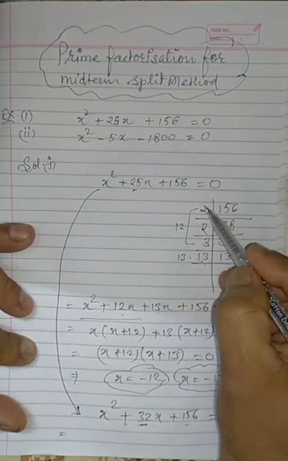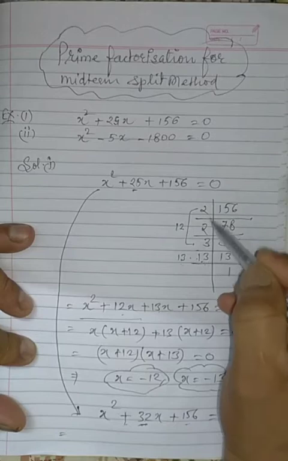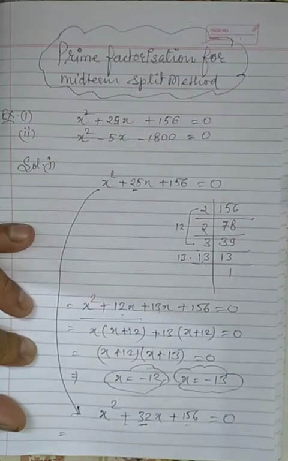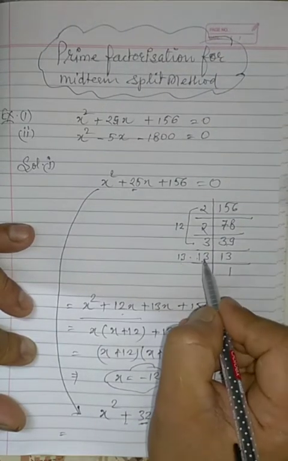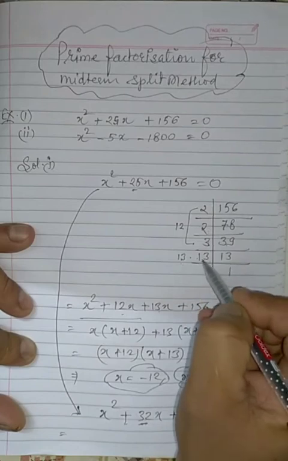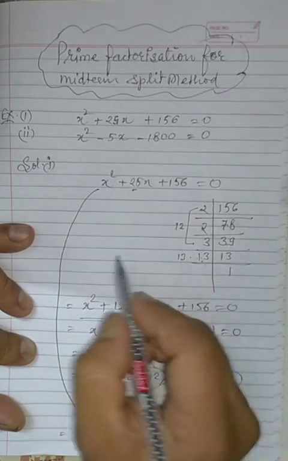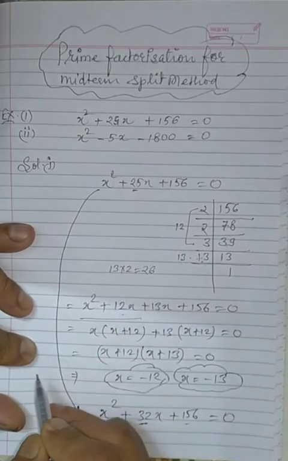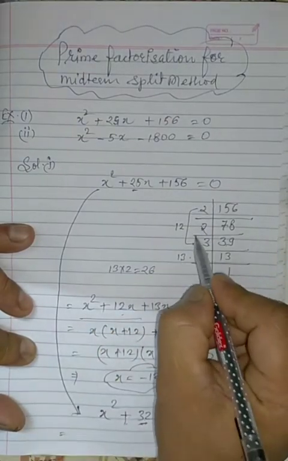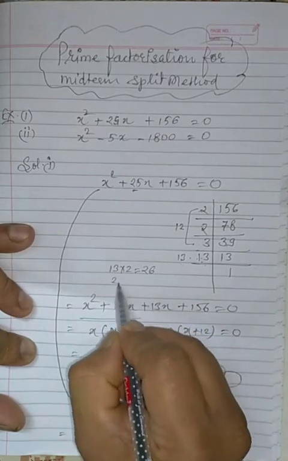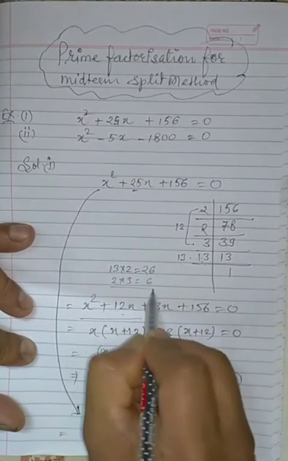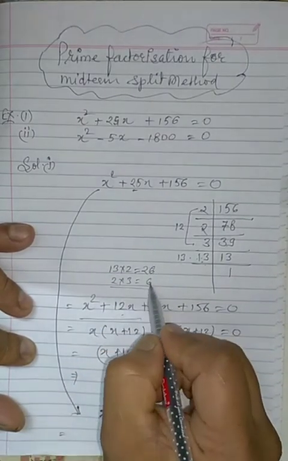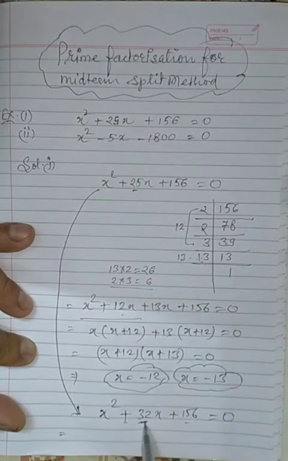Now from the same prime factors we have to make this number 32. So this time I will take 13 and 2. So 13 into 2 is equal to 26, and I have 2 into 3 which is equal to 6. So 26 plus 6 is equal to 32.